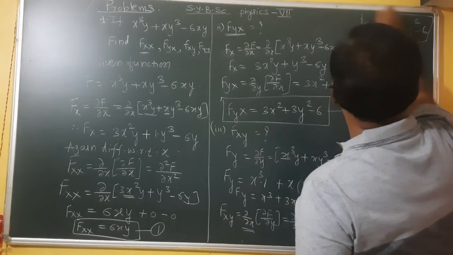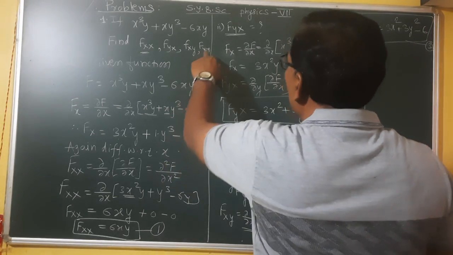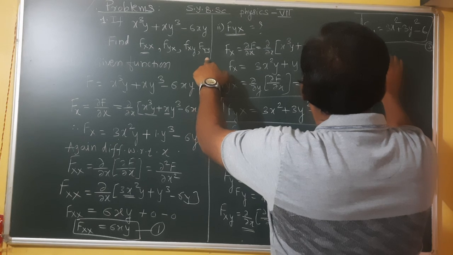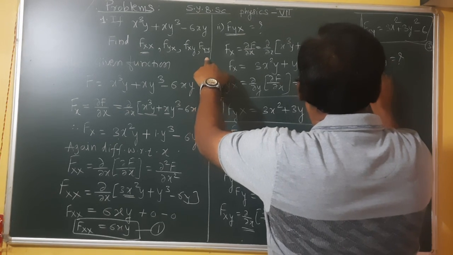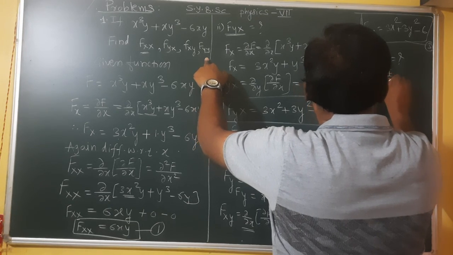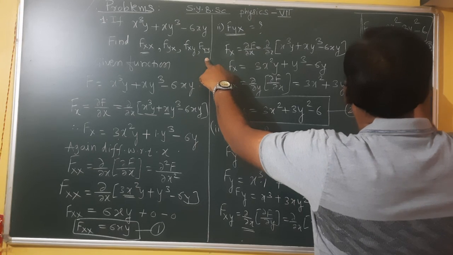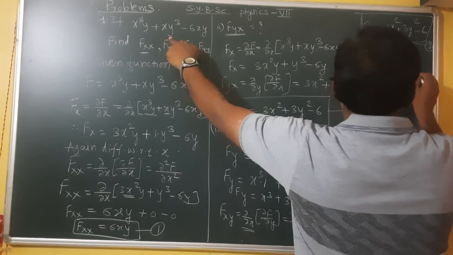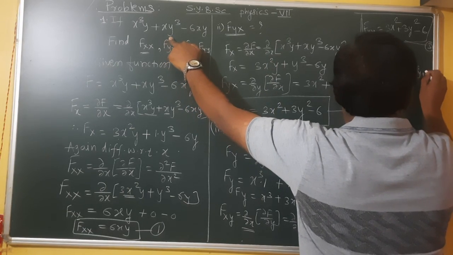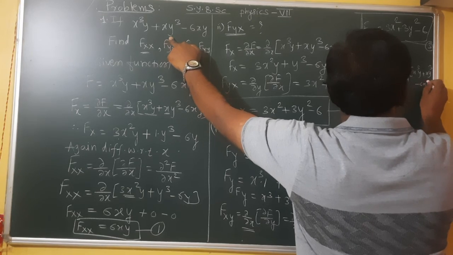This is considered as number 3, and the last one is number 4, that is Fyy is equal to question mark. We have Fy is equal to dou F by dou Y, dou by dou Y of x cube y plus xy cube minus 6xy.